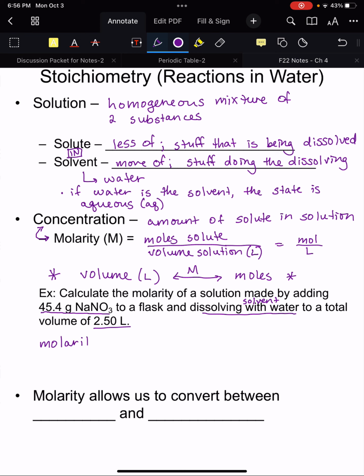Molarity is the moles of solute, in this case sodium nitrate, over the liters of solution. So if we're given the grams of sodium nitrate, we know that grams can go to moles really easily using the molar mass.